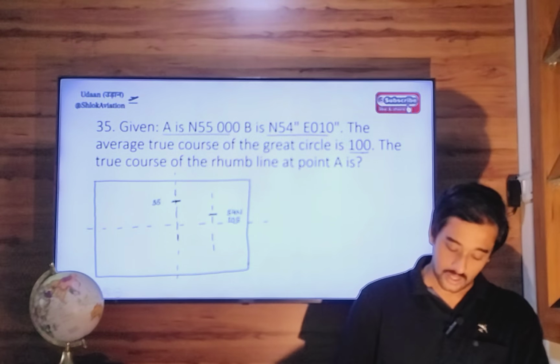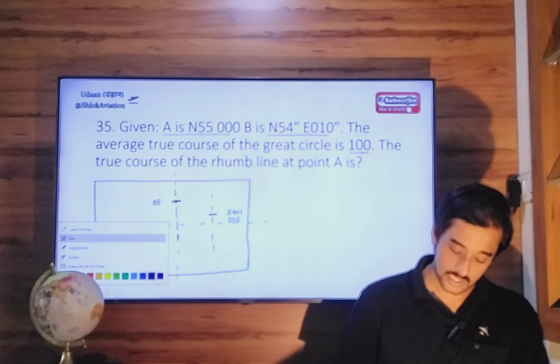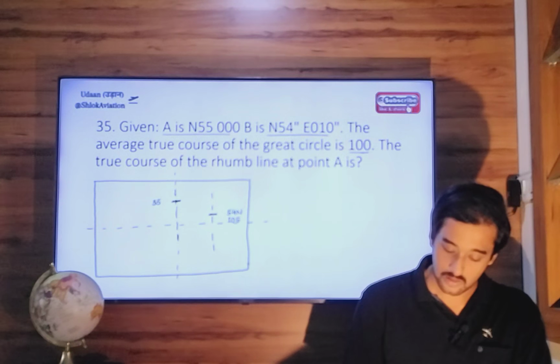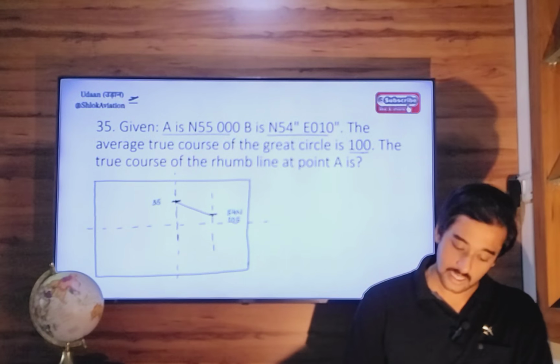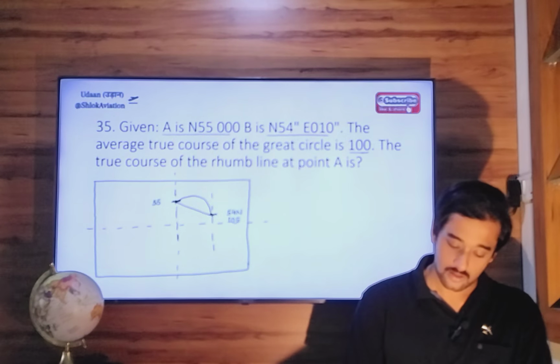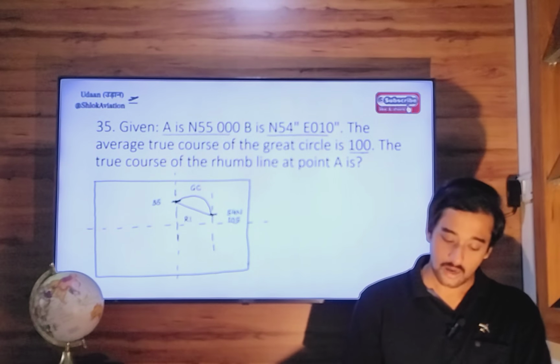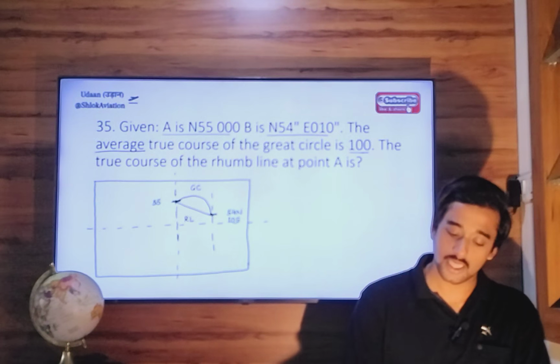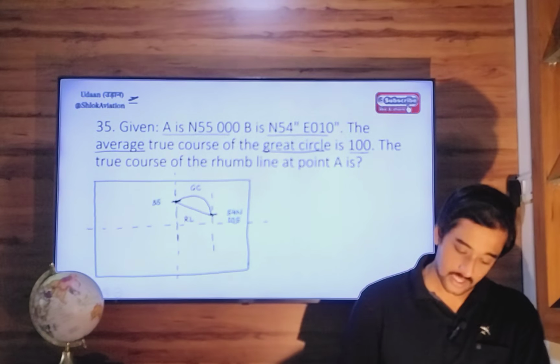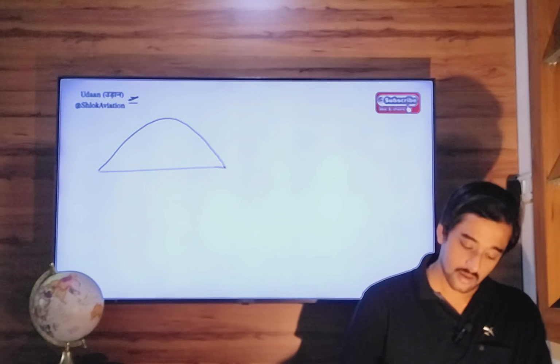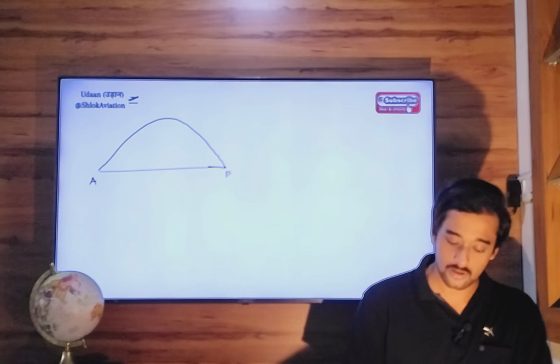Okay, so now the rhumb line joining them will be like this, and the great circle track will be this. Now they are talking about average great circle track. So see, this is your great circle, let's say, between points Alpha and Bravo.